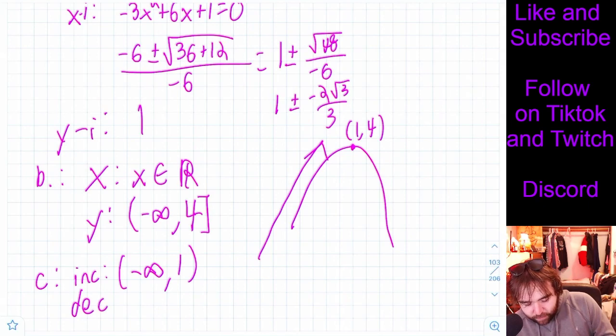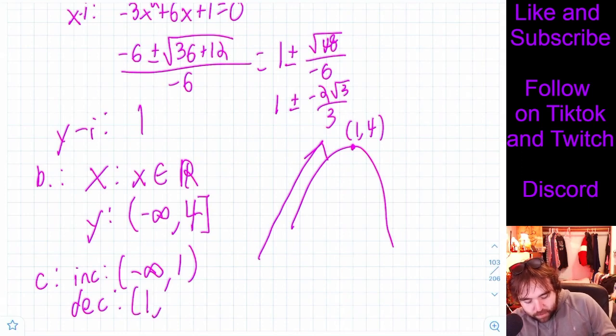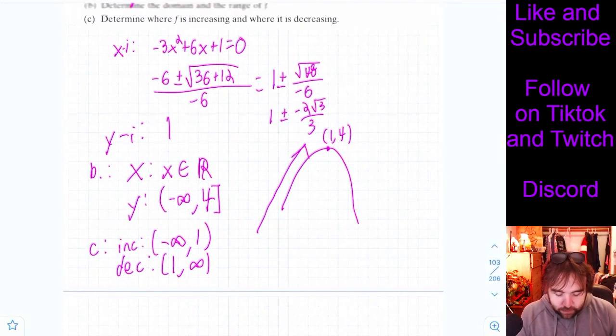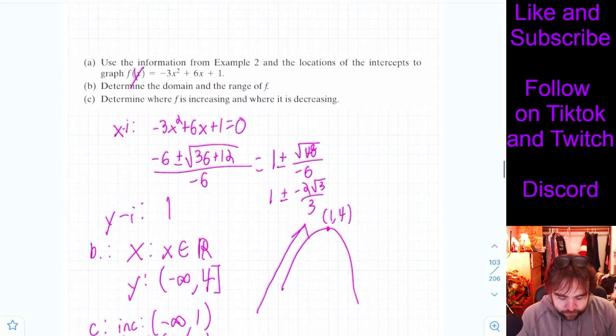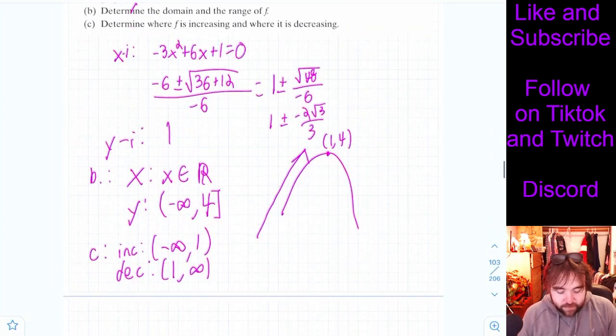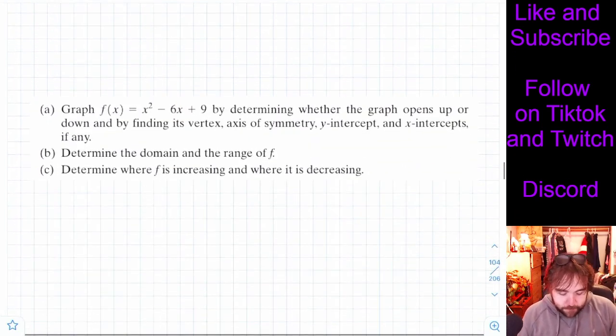They're not asking about the y values here. When they say where, they're asking about the x values. And then it starts decreasing from 1 to infinity. And notice how I'm putting a parenthesis on the 1, just because at 1 it's flat, right? It's not increasing or decreasing at 1. But there we go. We're just building a picture of this parabola. Even if we hadn't seen it, we've got a really good picture of all the important parts of it now.